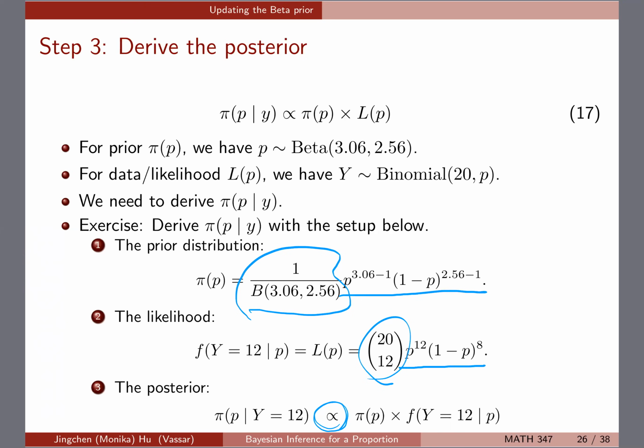And it is indeed this structure that we're going to see next time, that we're going to arrive at a posterior distribution that is a beta distribution. It's another beta. It's going to be different from before, but it's a beta distribution. And that is what makes the beta distribution a conjugate prior for binomial likelihood. Because you start with the beta prior, you end at another beta distribution, which is the beta posterior.